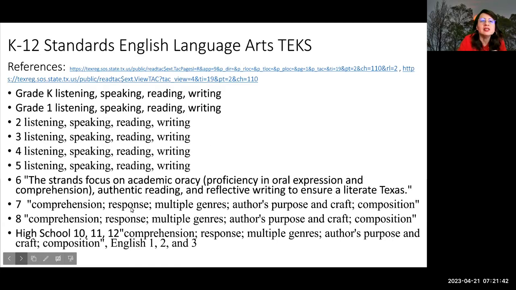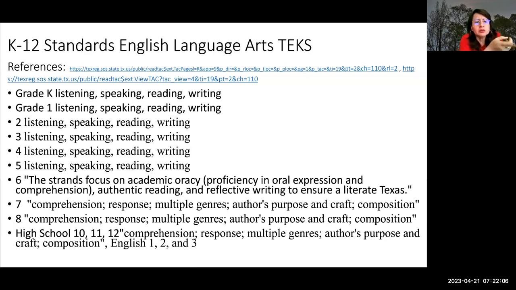So now, here are the K-12 Standard English Language Arts texts, taken from textreg.sos.statetexas.us, okay? As you can see, they're the same. So Spanish language arts and English language arts are very similar in grades K to 12. They are listening, speaking, reading, and writing.